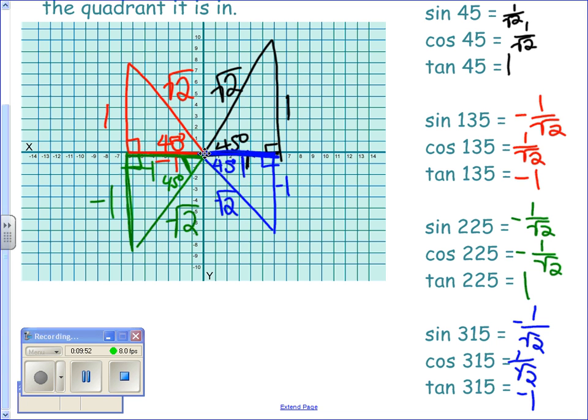Are you with me now? Do you see any pattern? What's the pattern? No, dealing with the signs. Looking at the signs, you'll see the pattern.